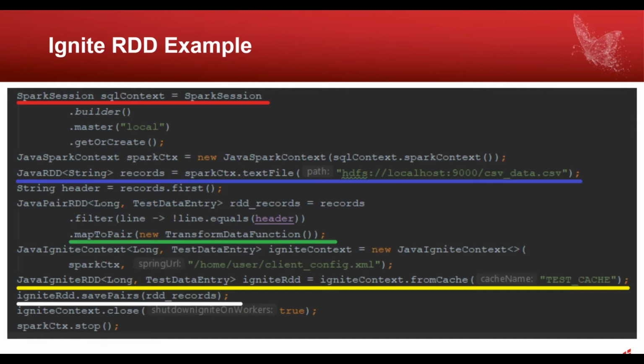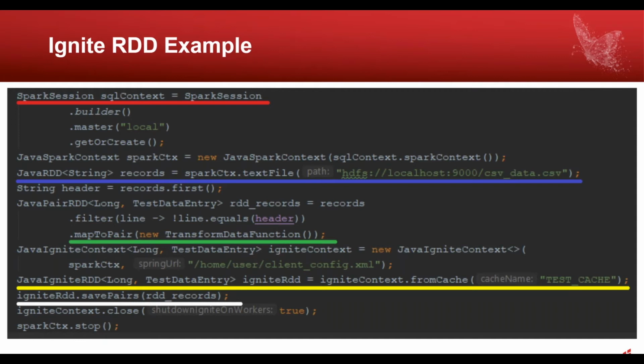When we read these records, we need to transform them to a Java pair RDD. It's Java code, so it's a JavaPairRDD, and it can be done using the mapToPair function. As a parameter for this function, we should create a special transformation function. In this case, it's the transformData function.